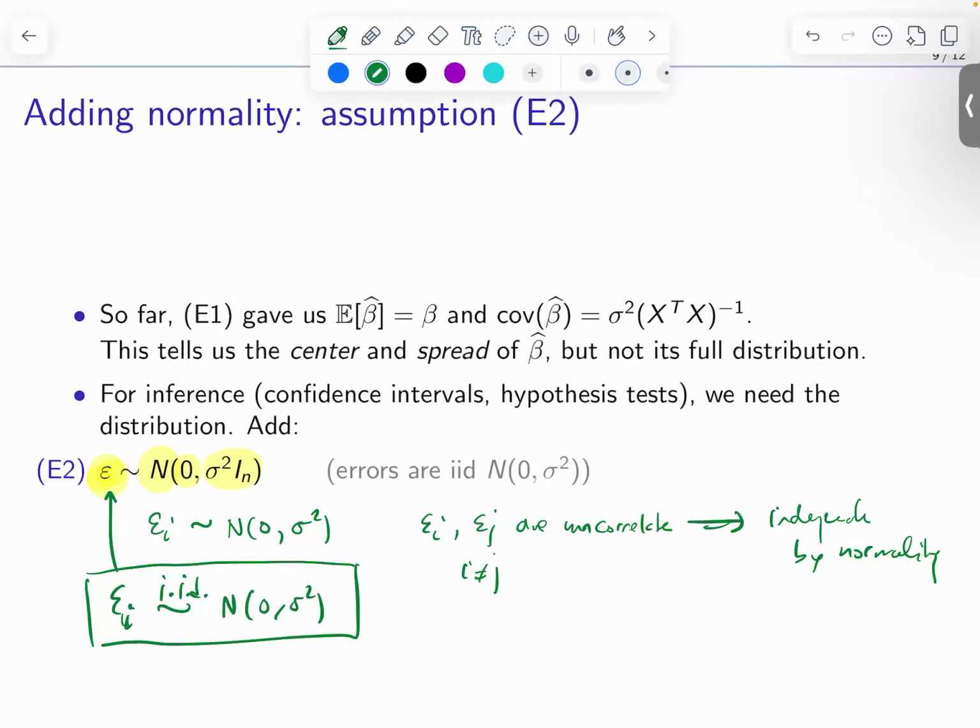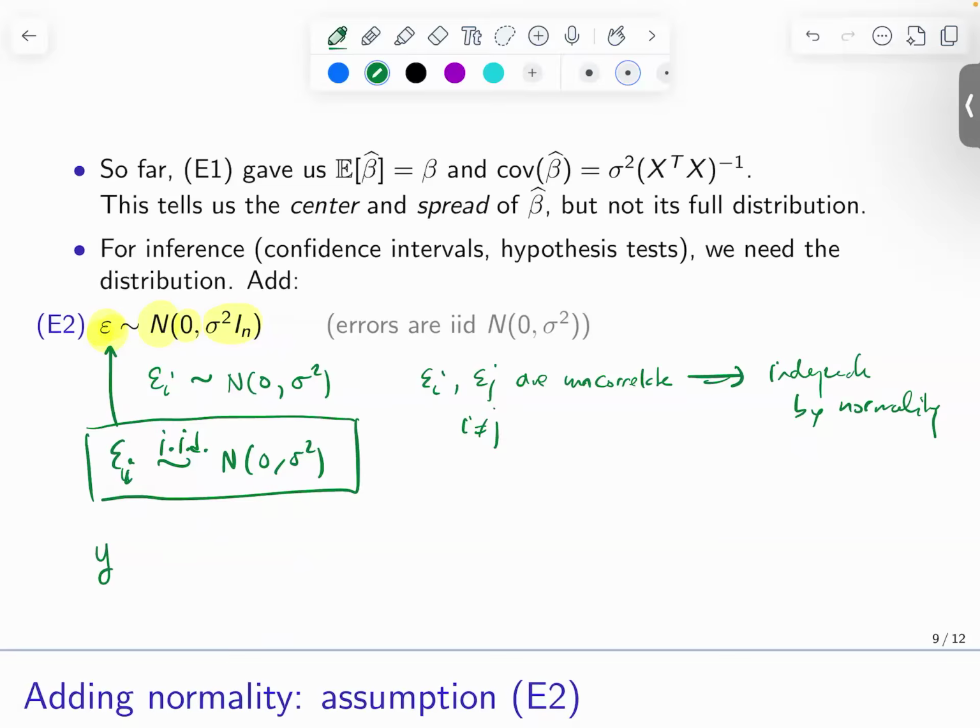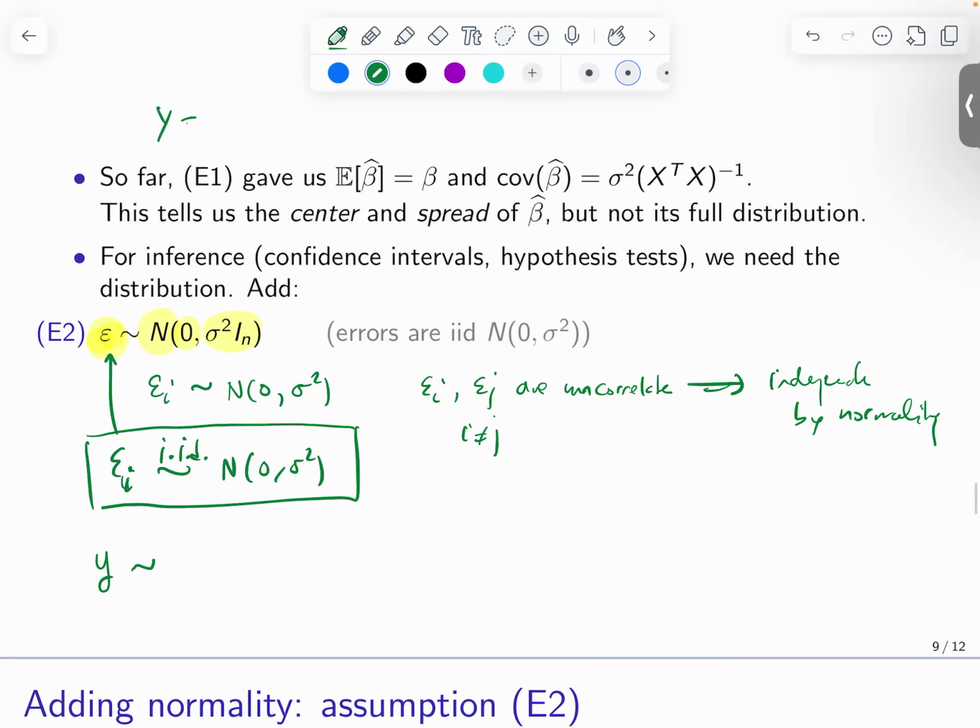Once I have this, I can now tell you something about y. What do we know about the distribution of y? Remember, y is X beta plus epsilon. What can I say about the distribution of y? What is this, as a transformation of epsilon?